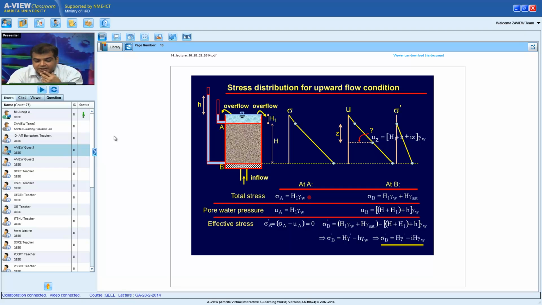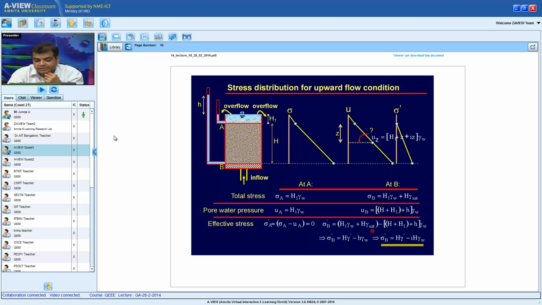For effective stress, I would have to subtract the two and use the same analogy. Effective stress at A is 0. It gets eroded off. What about effective stress at B? I get this whole lot minus this whole lot. If I look at this, I get H1 gamma W, which gets eroded off.